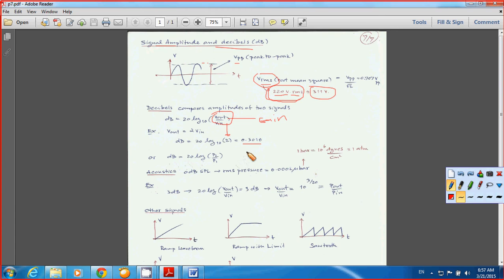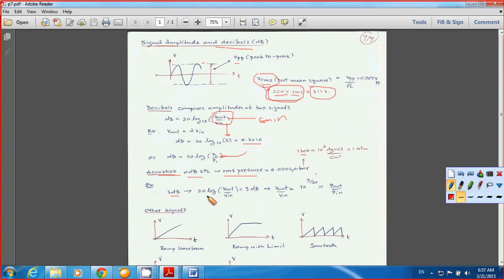Or you can even apply dB for power. For acoustics, 0 dB SPL, talking about the RMS pressure, is equal to 0.0002 microbar, where one bar is the pressure unit, equal to 10 to the 6 dynes per centimeter square, or about 1 atm.